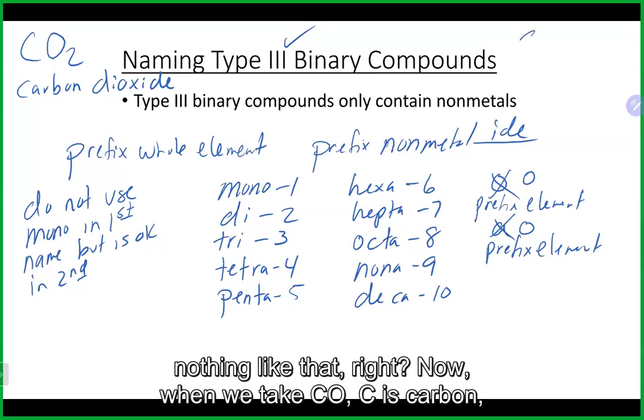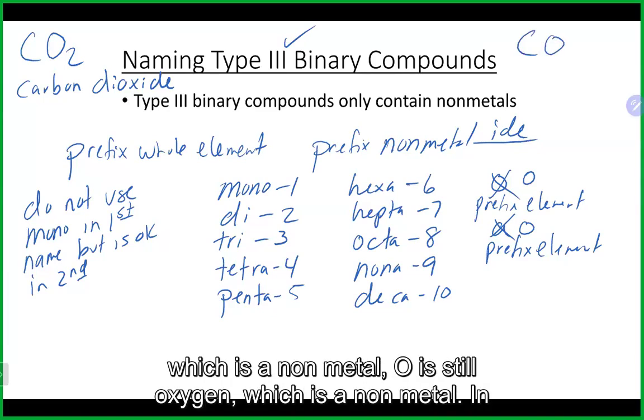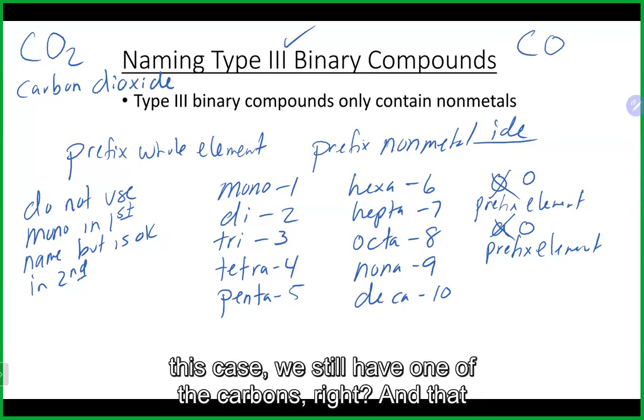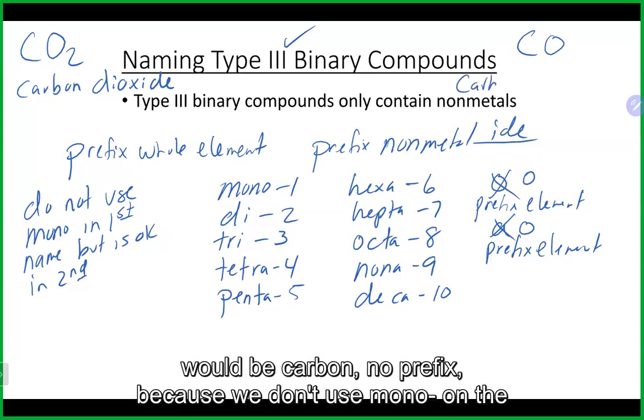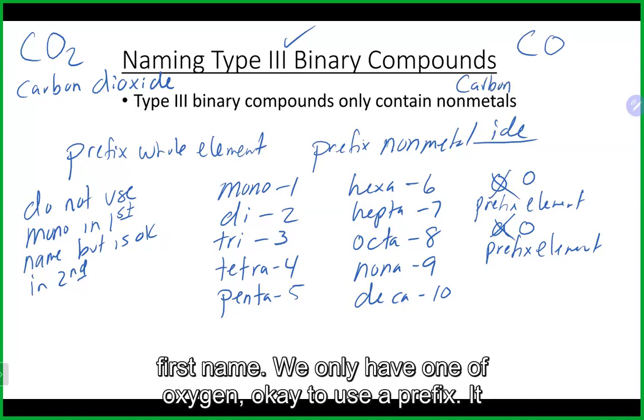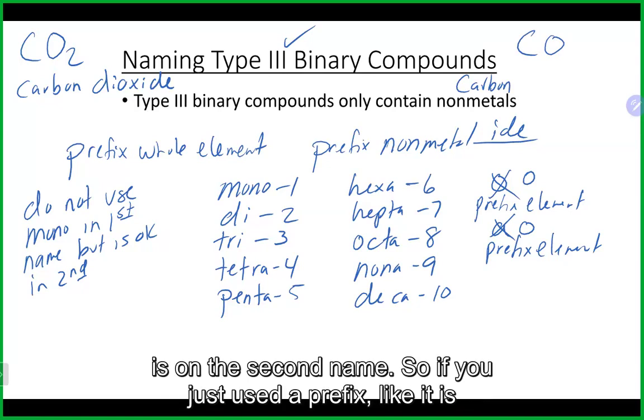Now, when we take CO, C is carbon, which is a nonmetal. O is still oxygen, which is a nonmetal. In this case, we still have one carbon, and that would be carbon, no prefix, because we don't use mono in the first name. We only have one oxygen. Okay to use a prefix? It is on the second name.